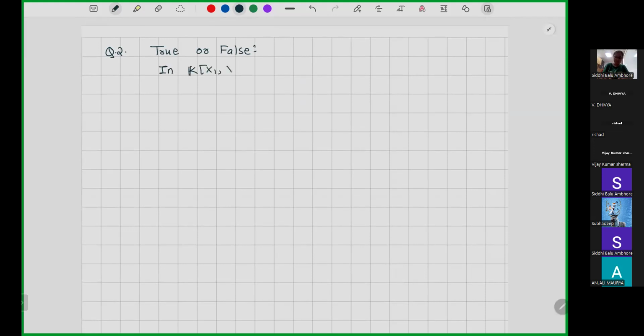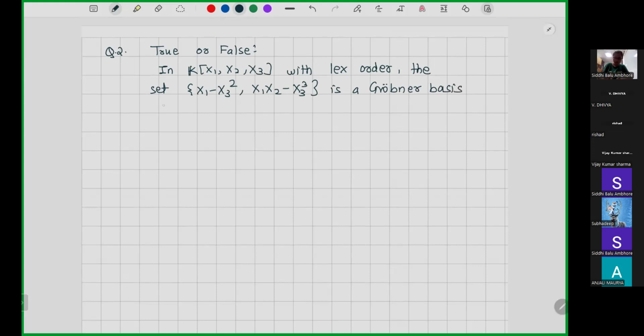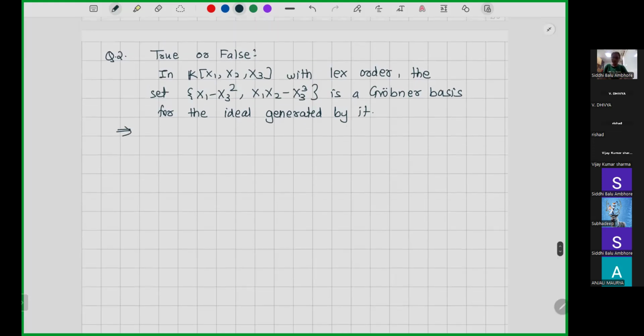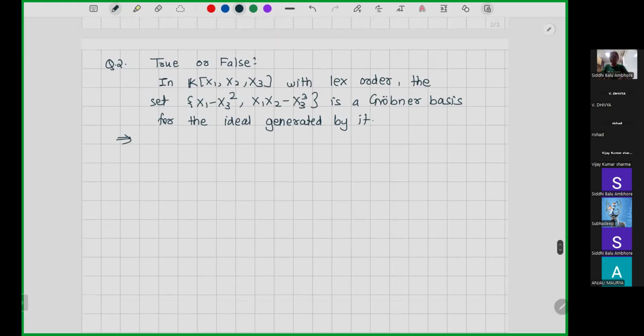In K[X1, X2, X3] with graded reverse lexicographic order, the set X1 minus X3 square, X1, X2 minus X3 cube is a Gröbner basis for the ideal generated by it. So we have to check whether these two terms form a Gröbner basis or not.